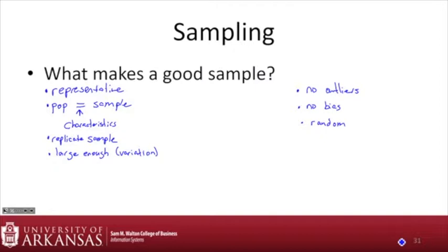Is it problematic if we have outliers in our sample? Not necessarily. If we assume there are outliers in our population, then we got an outlier in our sample. That could be okay.